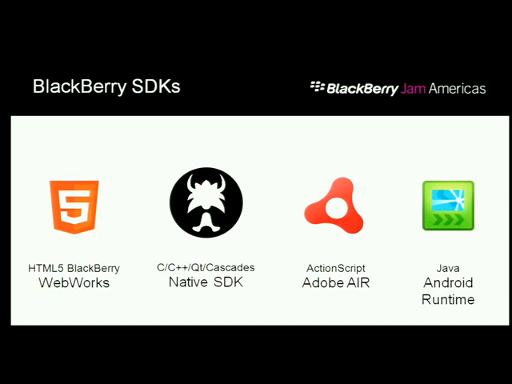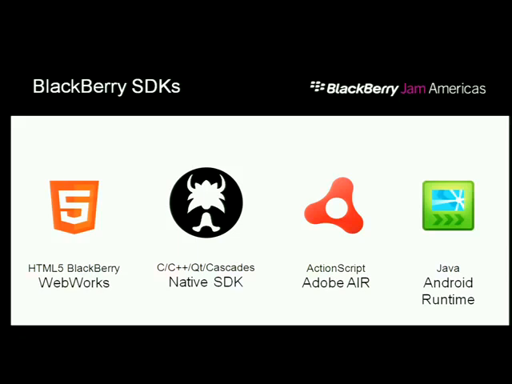You can also build for the native SDK. Has everyone here heard of Cascades before? Did you know that Cascades and the NDK are the same thing? I'm supposed to really drive that home with you. Tim Neal gets very upset when you say Cascades is a development option and the NDK is a development option. They're the same thing. The next one there is ActionScript and Adobe Air.